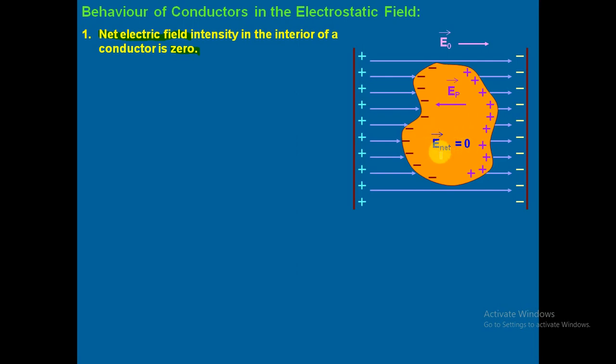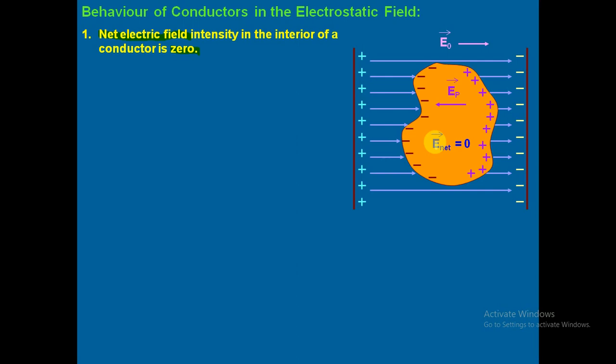And the motion of the electrons will be continued till there is a difference in the two fields, because if a field difference is there, a net force would be there on the electron, and electrons will keep moving. So when both fields become equal, the net force on the electron will become 0, and then the electron will not be moving from one side to the other side.